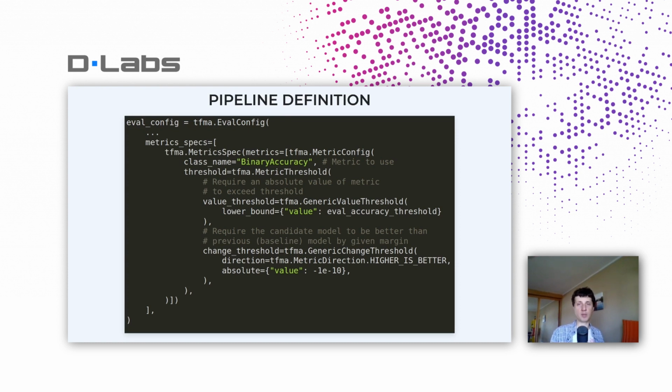And this is a beautiful thing about TFX, that we are expressing all this as configuration, not implementation. Here we are defining that we are interested in binary accuracy to exceed a certain threshold, and with the change threshold argument, we can say that we are interested in the value of the metric being higher by a given epsilon than the previous baseline model.